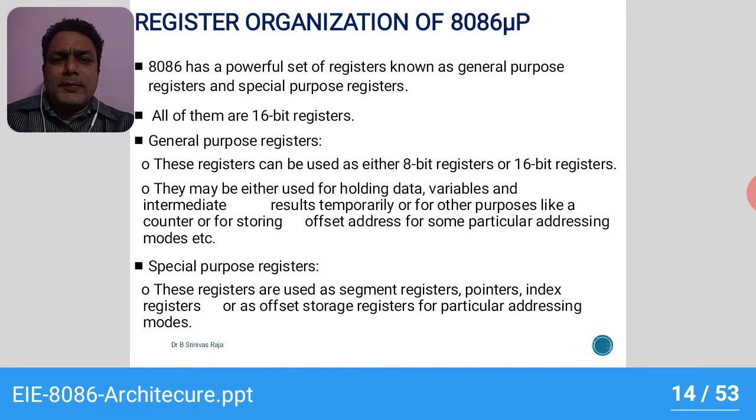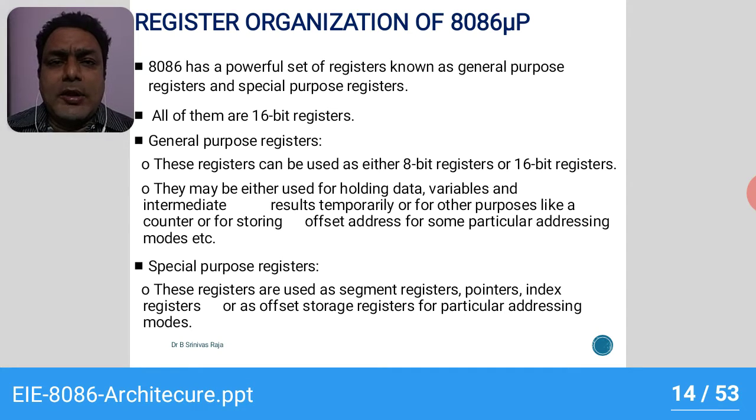These registers can be used for holding data. That means you can store the data, you can store the variables, or you can store the temporary results for some period of time. And sometimes the 16-bit registers are also used for storing of the address. So these are general purpose registers.